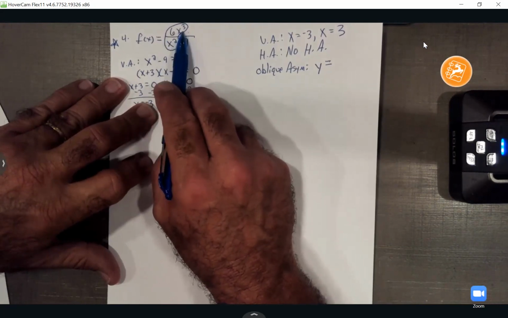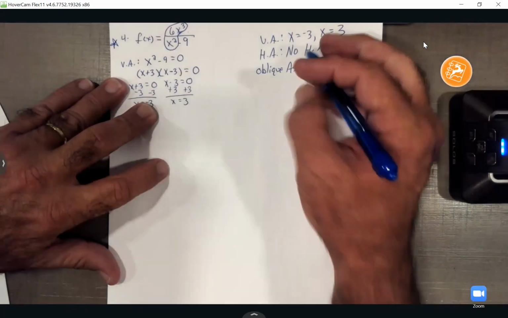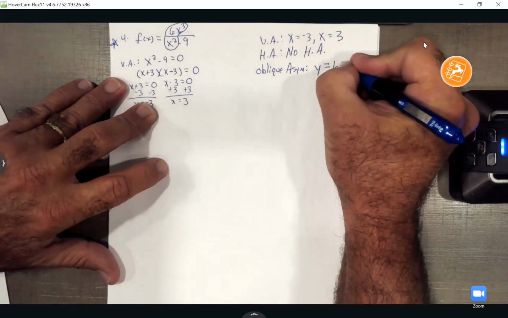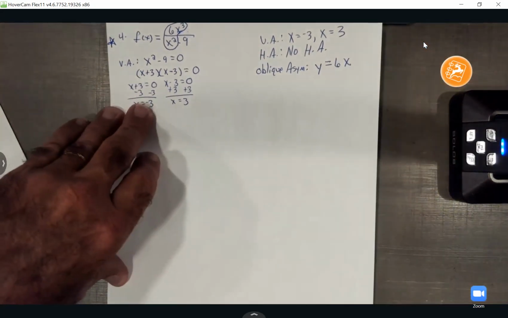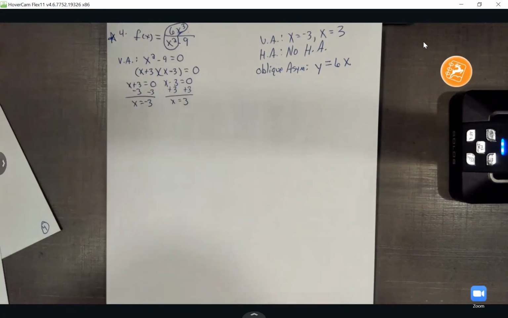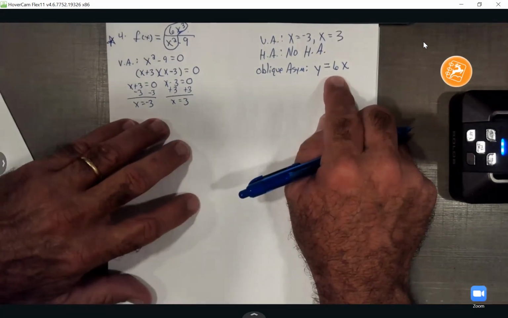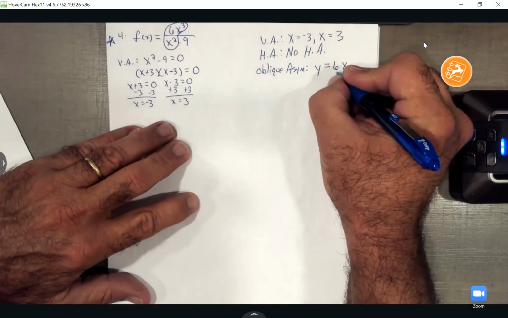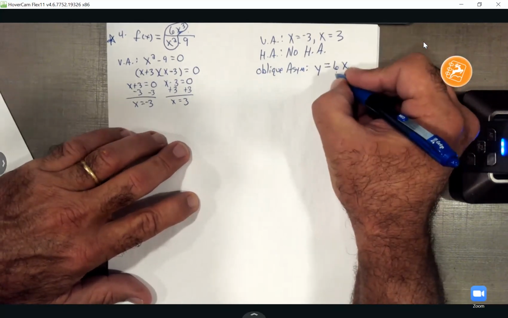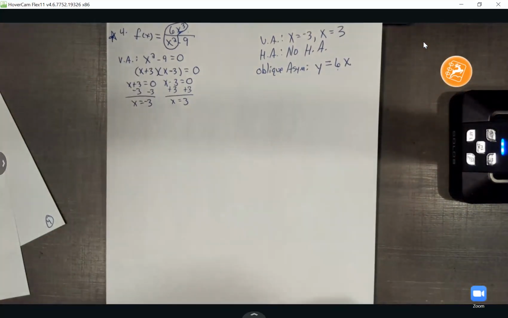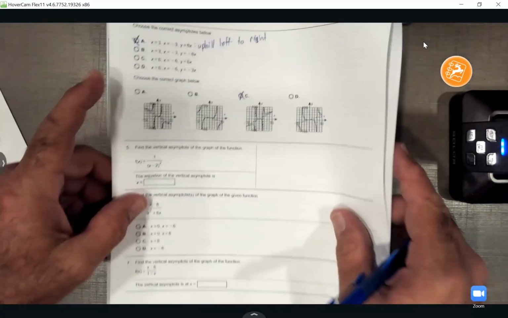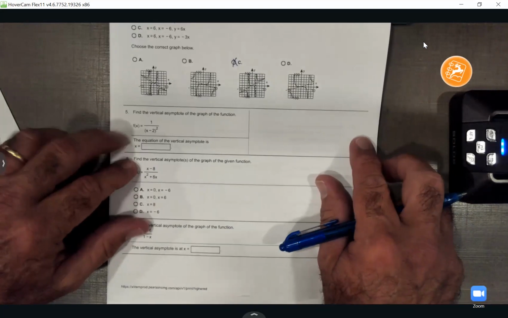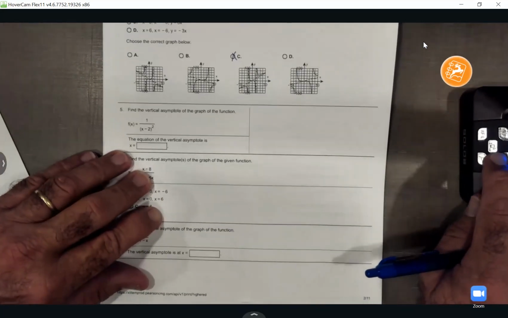So 6x to the 3rd divided by x squared will leave you with 6x. So this is like the slope. Since this is a slope of +6, you'll notice these graphs sort of go uphill left to right. So let me show you the pictures for those. I'm actually going to zoom my camera in so y'all can see these.